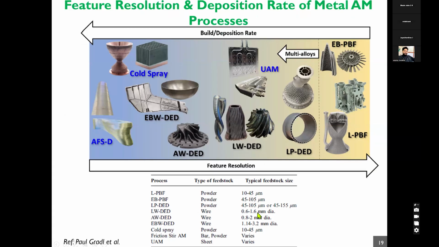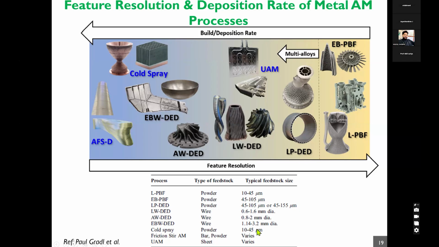So here again, it gives a relation. This slide gives the relation between the build deposition rate and the feature resolution. When you're looking at very fine feature resolution, powder bed fusion processes are the ones wherein the build deposition rates are quite low. And in almost all the DED processes, the build deposition rates are quite high. One important thing to keep in mind here is that as the deposition rates are increasing, the feedstock size is increasing, with the exception of the cold spray process, which is again using powder as a feedstock.